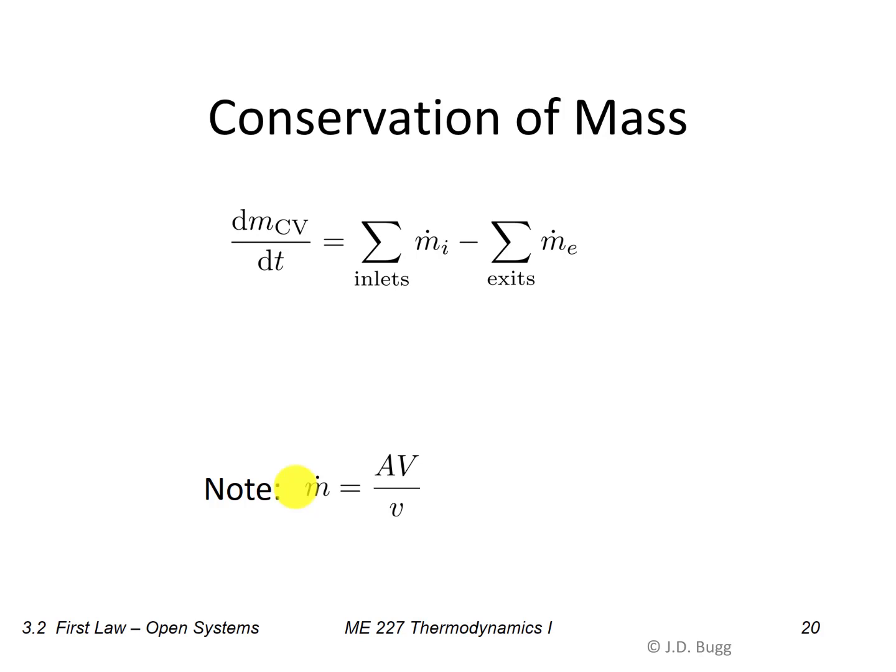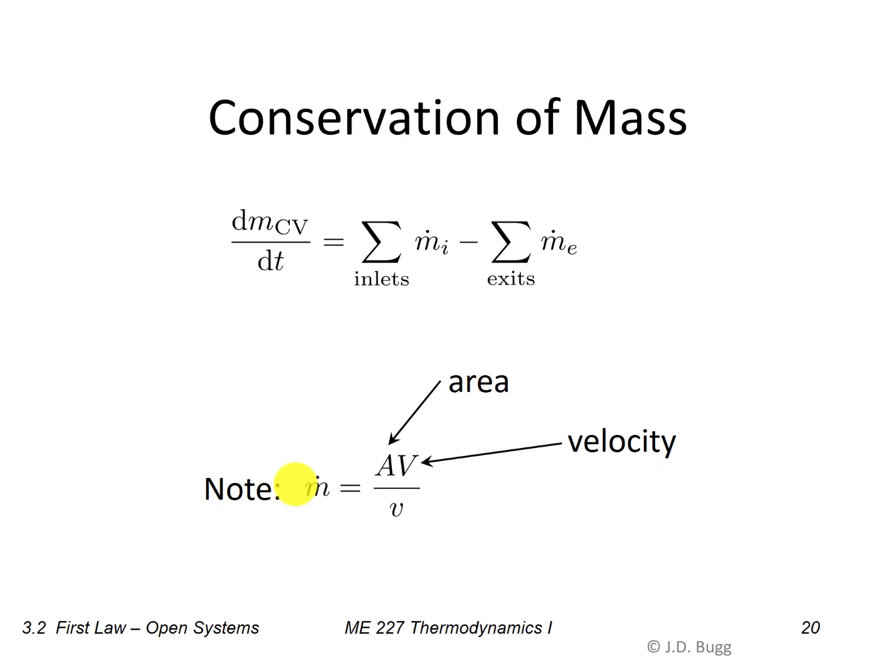So in this expression, this A is the area. So the inlets and exits that we're talking about will be pipes or ducts of some sort, and that A is the cross-sectional area of that duct or pipe. The V in this equation is the velocity, or the speed at which the material is moving.